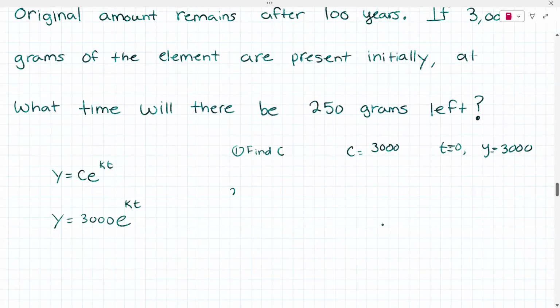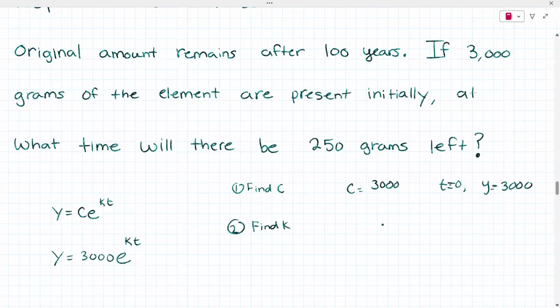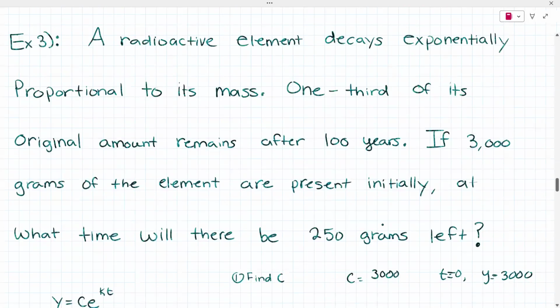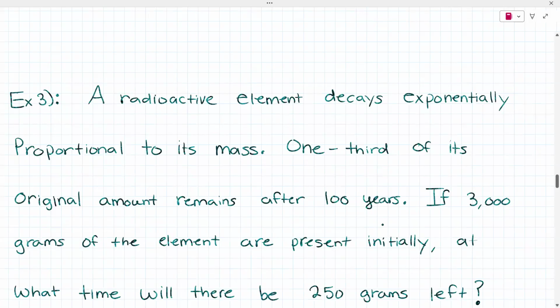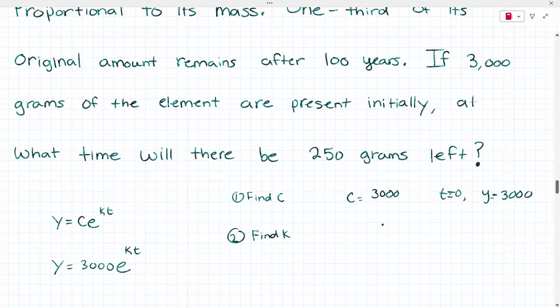Step two is find your k by plugging in another known condition. So they're saying that one third of its original amount remains after 100 years. So when the time is 100, what is one third of 3,000? 1,000.